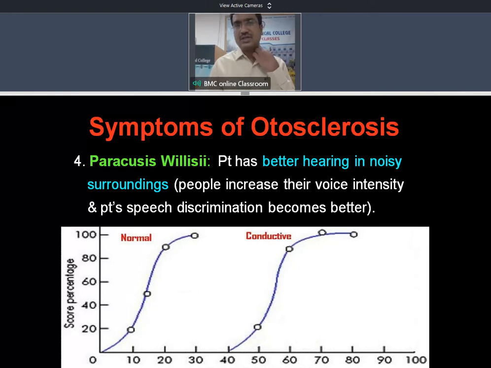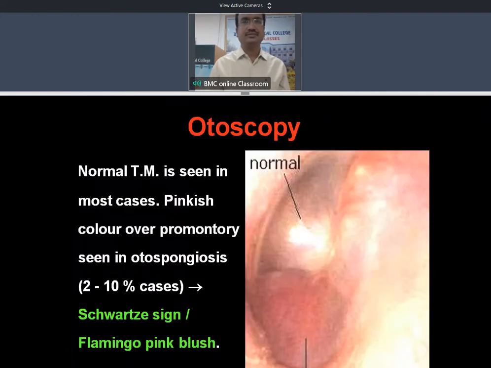So that's why an otosclerotic patient is able to hear better in noisy surroundings compared to calm surroundings. So that is one of the important clinical symptoms of otosclerosis. That is called paracusis willisii. This is seen only in otosclerosis. So you have to remember, this is an important symptom of otosclerosis.